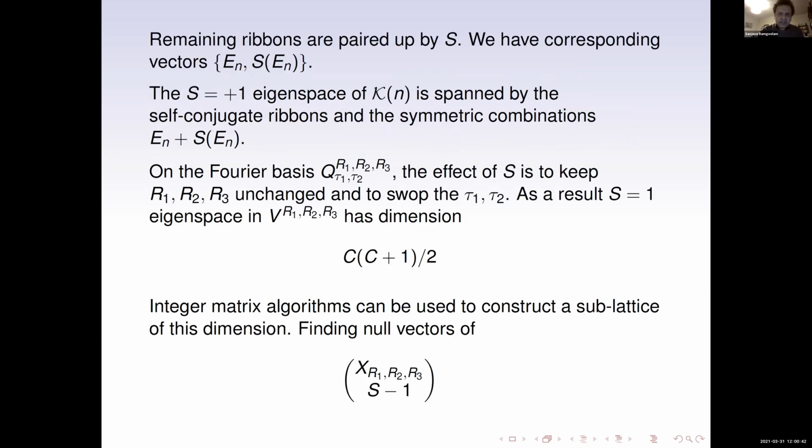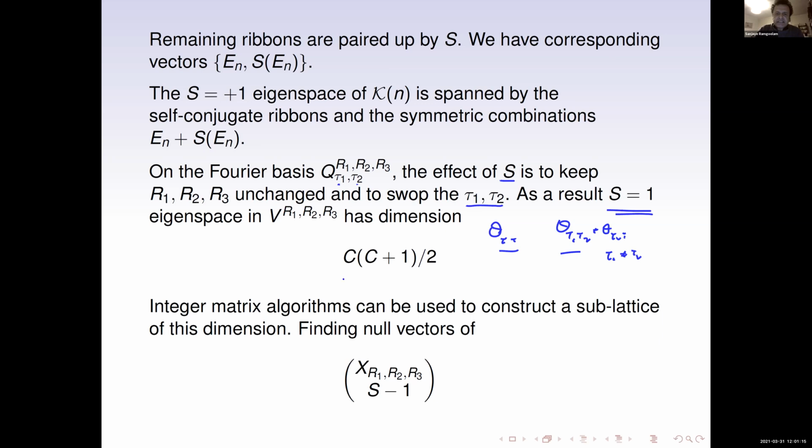And you can ask, how does it act on the Q basis, for which we have a formula? Essentially, the action of this involution just swaps the tau1, tau2 labels. That means that to get vectors which obey S equals 1, you just have to take the diagonal ones, Q tau tau, or Q tau1, tau2 plus Q tau2, tau1, with tau1 not equal to tau2.